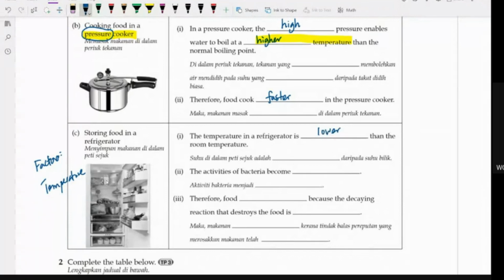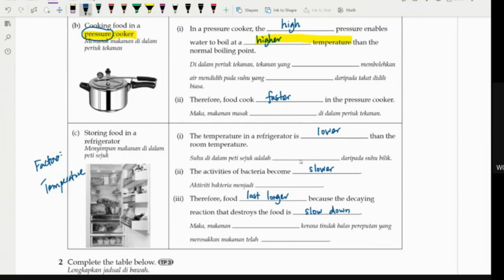Now, if the temperature is lower, the activities of the bacteria become slower, not that active. Therefore the food can last longer, because the decaying reaction that destroys the food slows down.